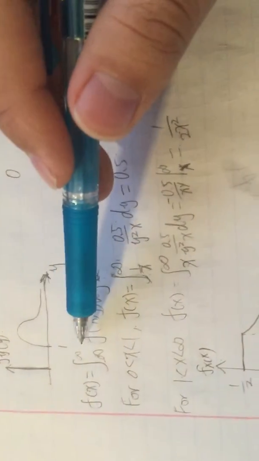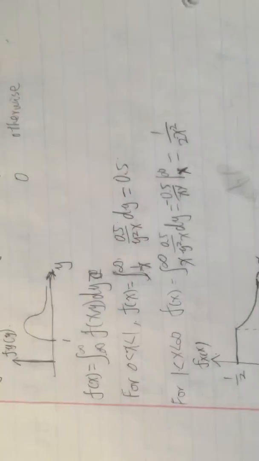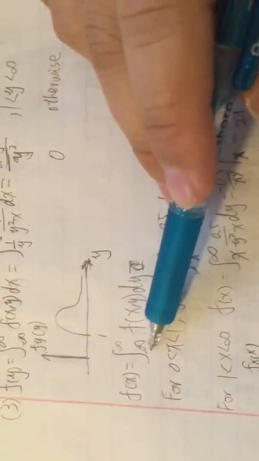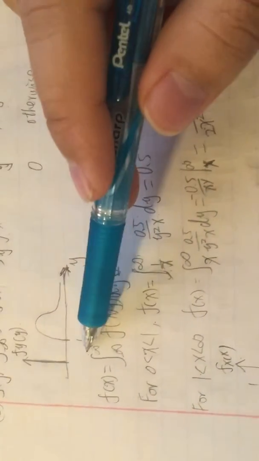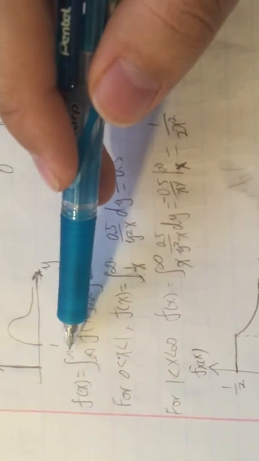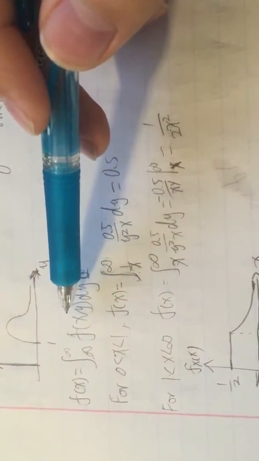For f of x, we do the same thing. We do the integral from negative infinity to infinity of f(x,y) dy.